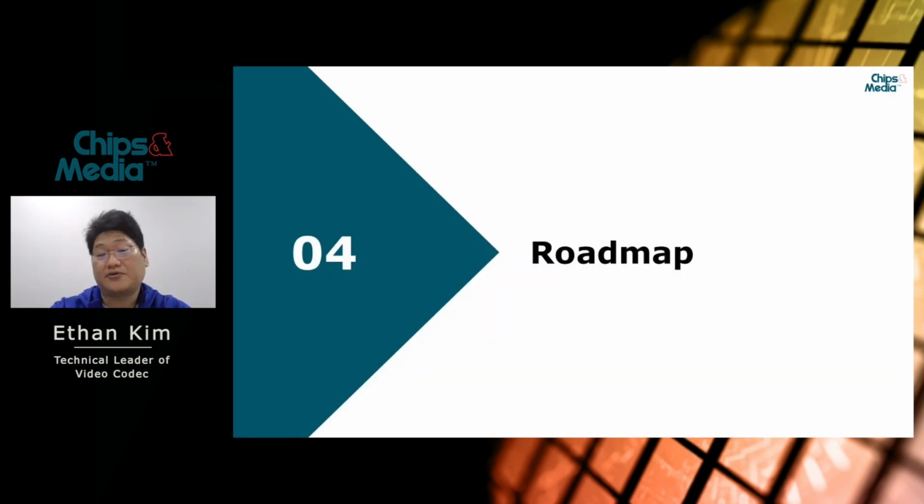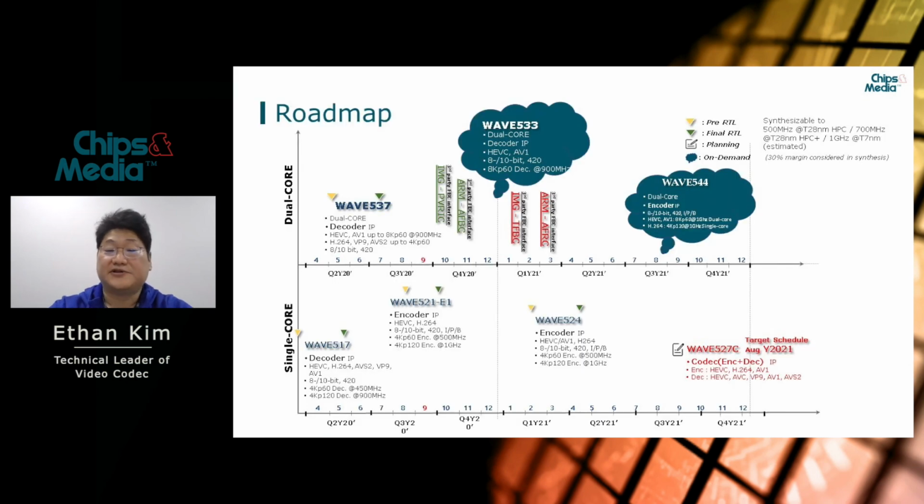Now, I will talk about the roadmap for video products shortly. This picture shows our near-term roadmap for the WAVE5 series. As you can see, WAVE517 is available. We are working toward creating an AV1 encoder with better image quality in WAVE524.